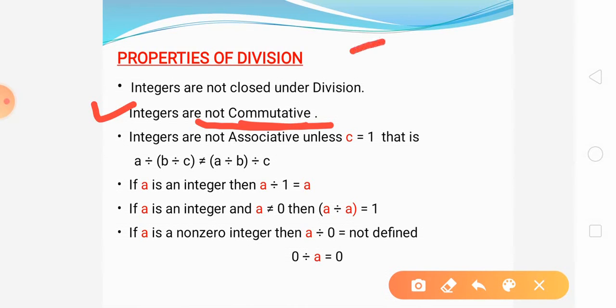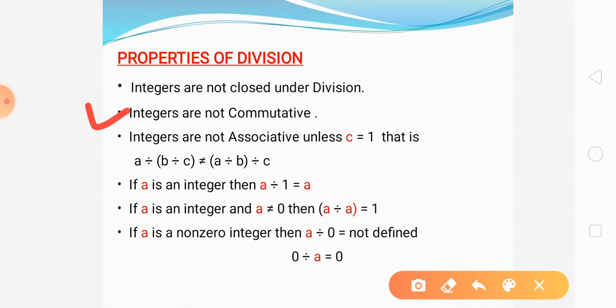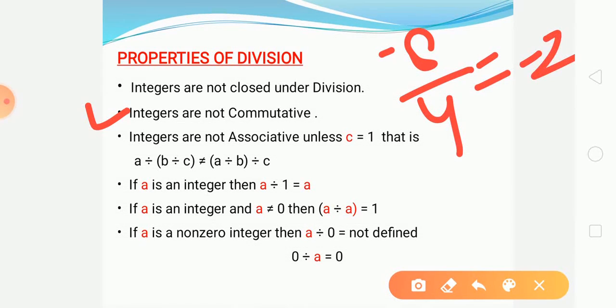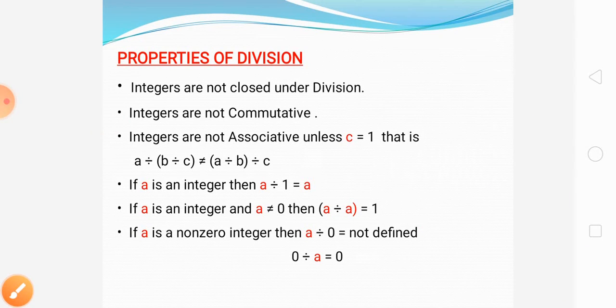If I divide minus 8 by 4, I get the answer minus 2. But if I change the order, that is 4 divided by minus 8, then I will get the answer 1 divided by minus 2. So the answers are not the same. Division is not commutative.